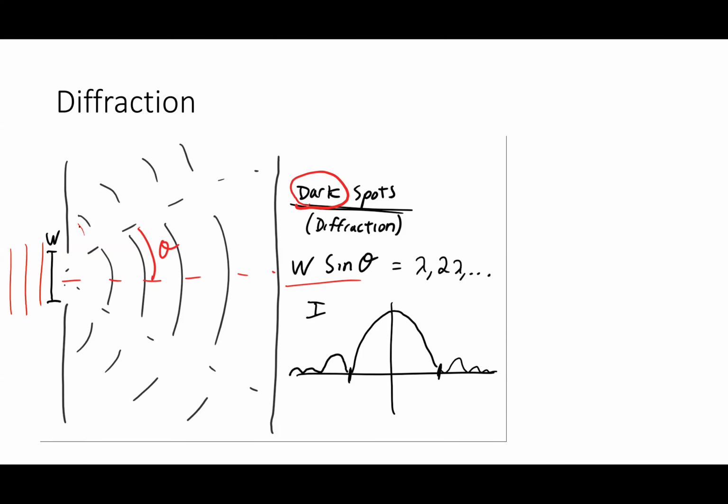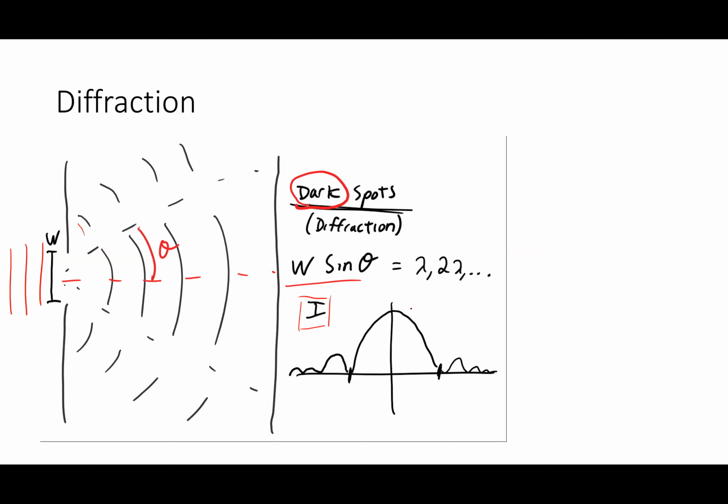I'm also going to arrive at certain angles that will give me dark spots. If I put the pattern on the screen, we can see it doesn't really look like either of the two patterns we were looking at before. There's this broad central maximum with minima on either side, and then smaller, less well-defined peaks going further outward.